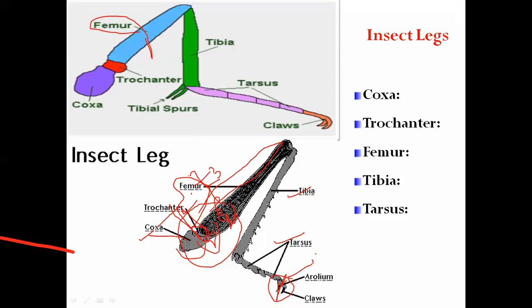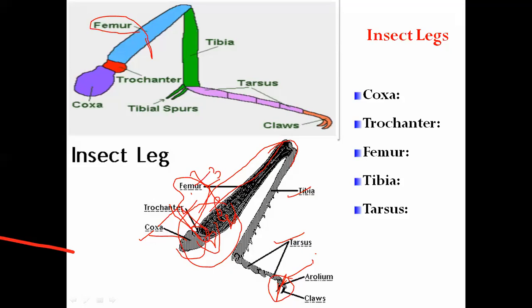So its lower end articulates with the tibia, forming a knee joint. That is the femur, and it is well developed in the hind legs.